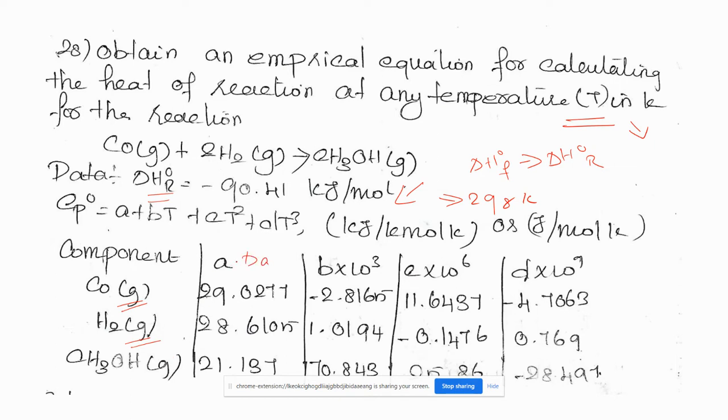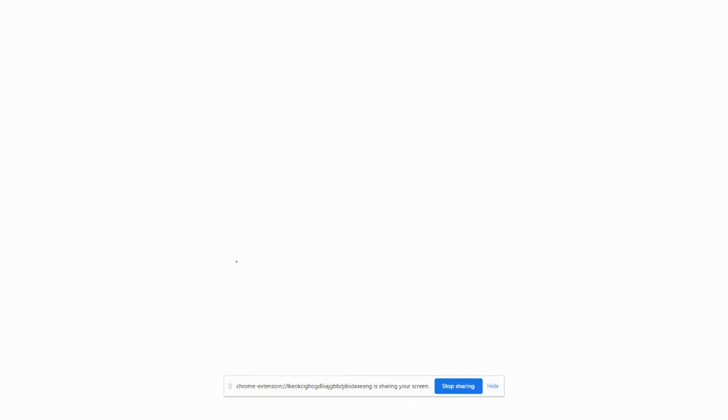Now, what is the formula? We will write: del H0RT is equal to del H0R plus del A T plus del B by 2 into T square plus del C by 3 into T cube plus del D by 4 into T power 4.